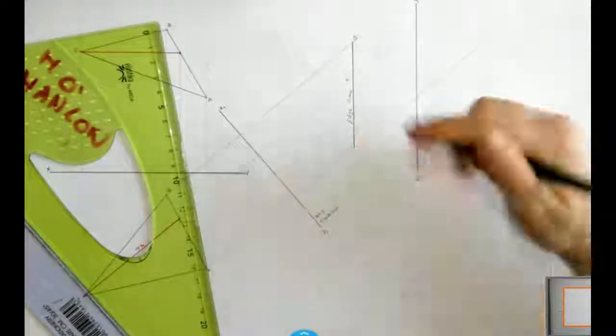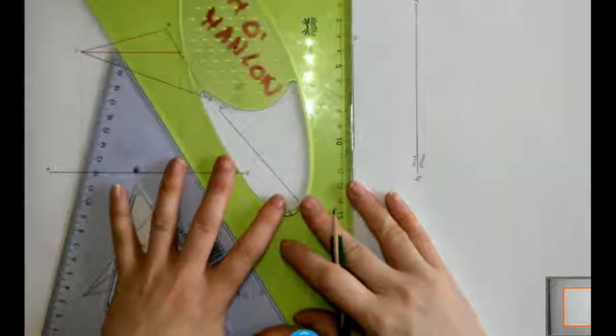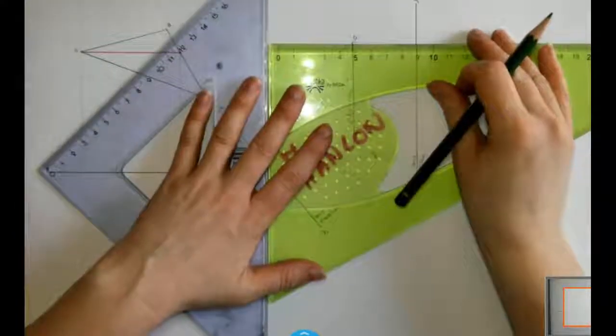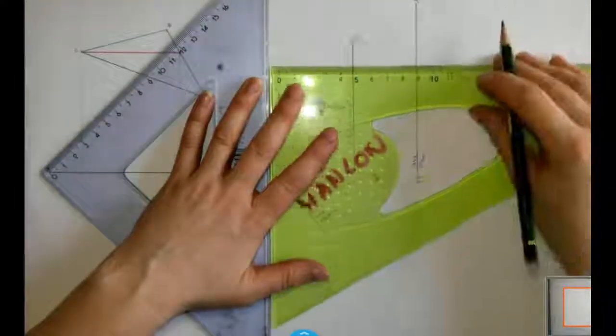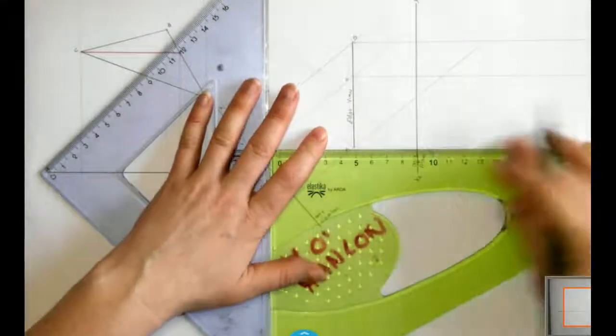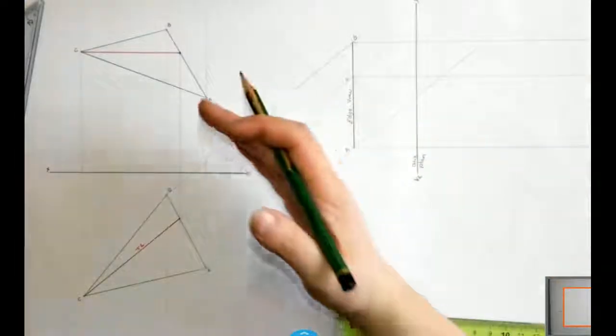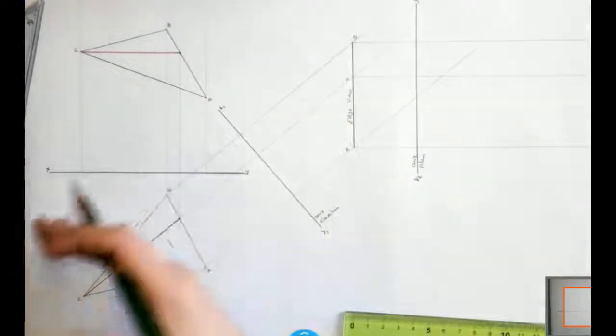This was an auxiliary elevation, so this view here is going to become an auxiliary plan. And I'm going to bring all my points perpendicular to it. Now, because this is an auxiliary plan, I'm going to take my distances from my X1, Y1 line back.